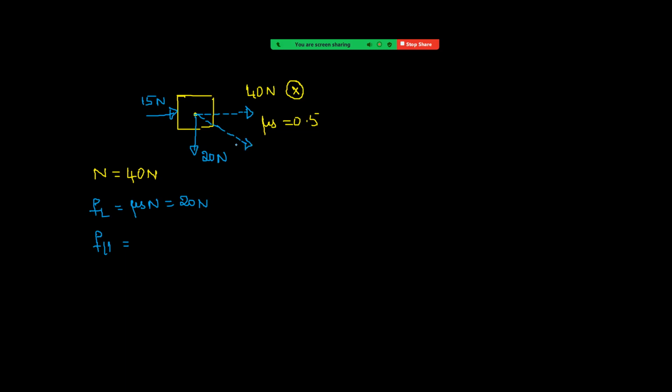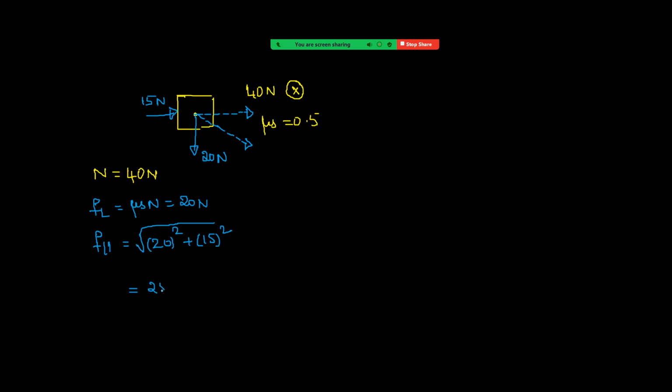See what the value is: square root of the sum of the squares, because the angle between those two is 90. 20 square and 15 square: 400 plus 225 is 625.